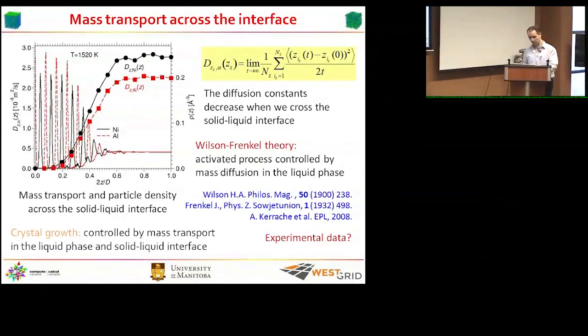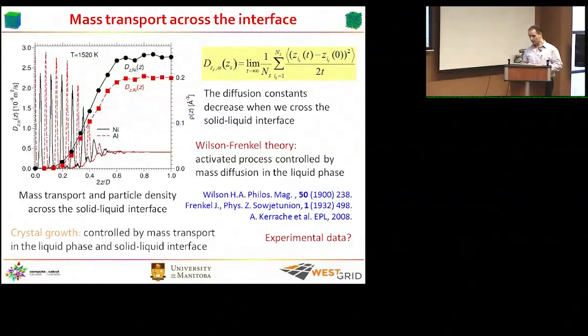We see that when we are in the liquid, we have high diffusion. Then when we approach the solid-liquid interface, the diffusion slows down and goes to 0 in the crystal.